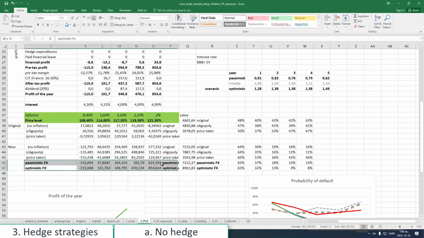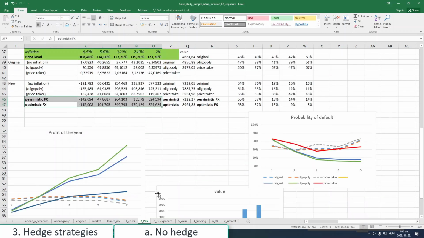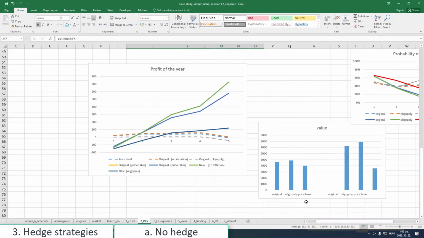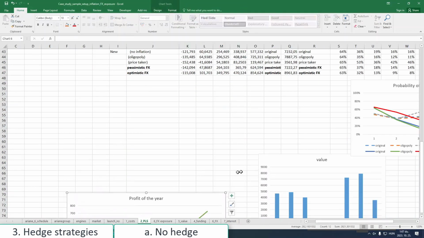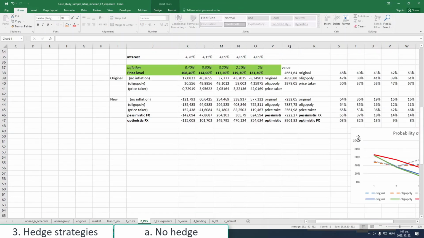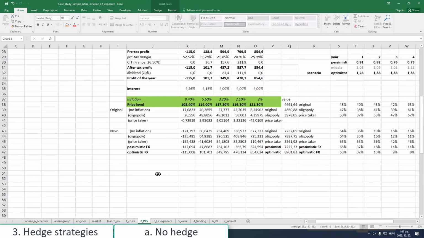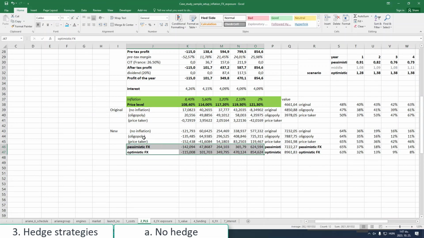So now we just have to transform everything to new graphs. Not update these ones because they are inappropriate. And let's compare everything to the oligopoly because this is the baseline scenario.